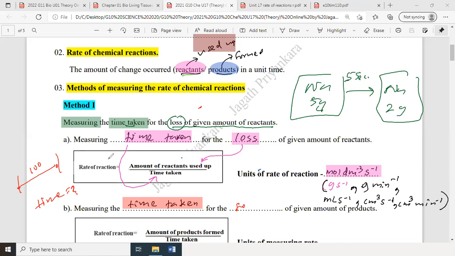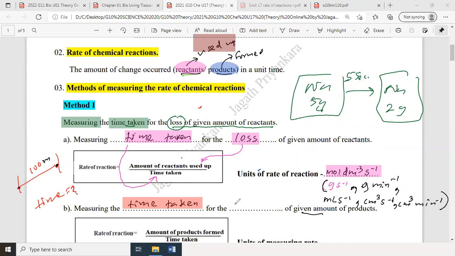Our target is 100 meters, but time will change depending on the runner. Here also our target will be the same quantity, maybe 1 gram or maybe 1 milliliter or maybe 5 milliliters. So we fix the given amount of product.